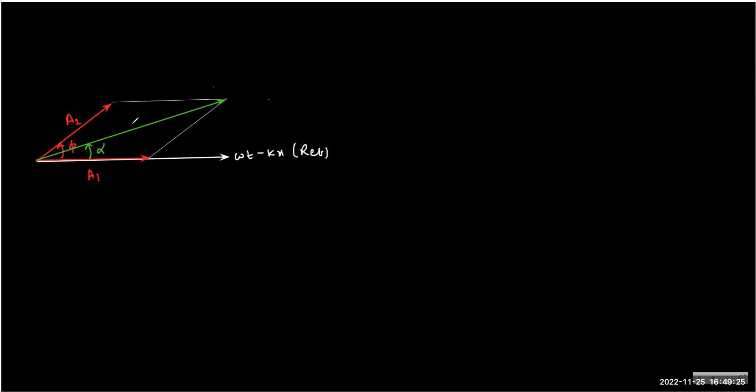So this is called the resultant. This is the amplitude of the resultant, which makes phasor alpha. So you can write it as YR equals AR. This is how we write.